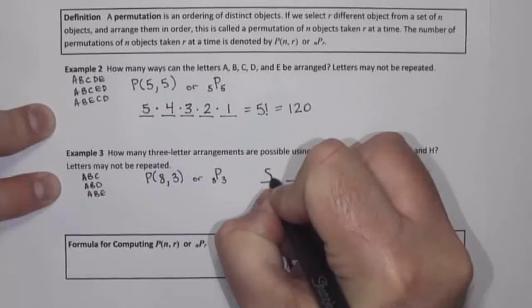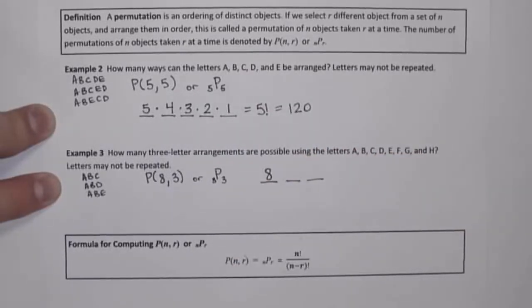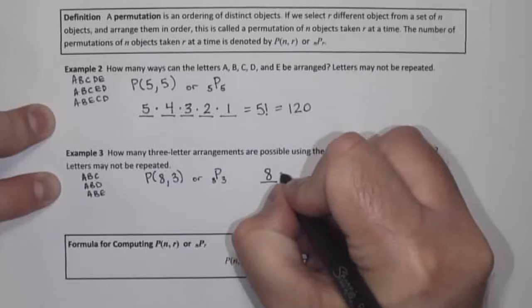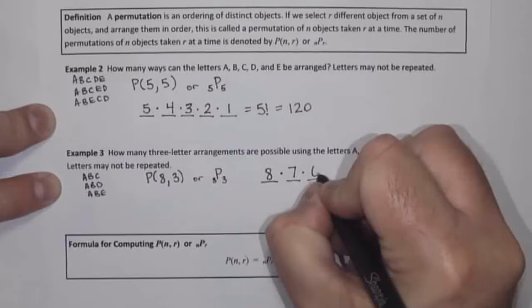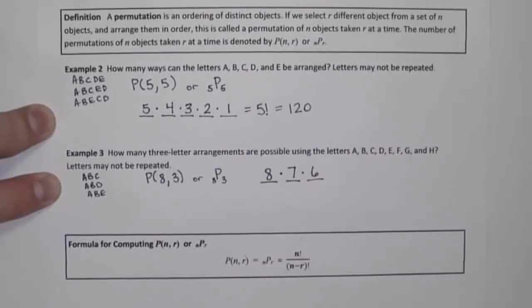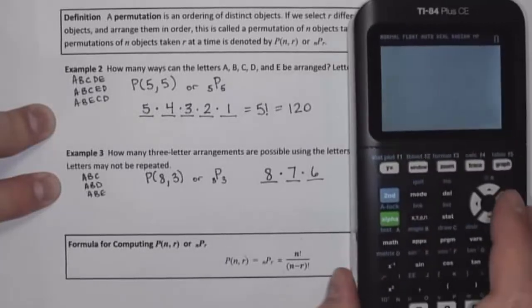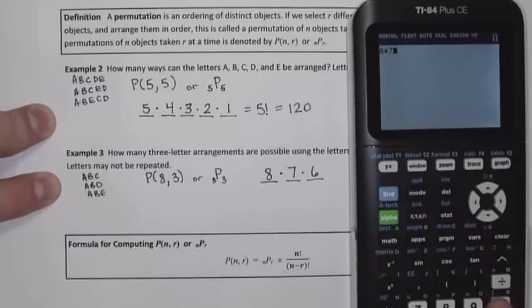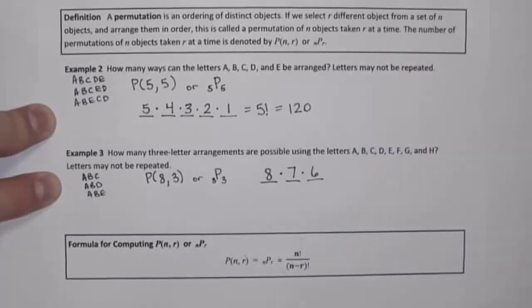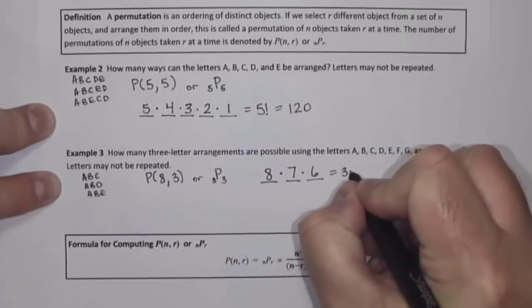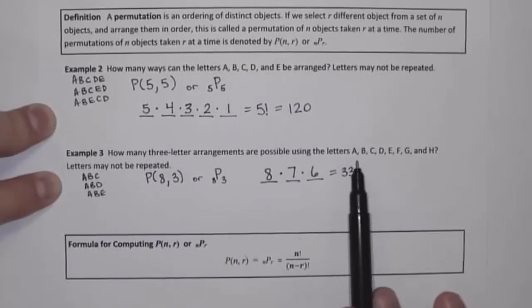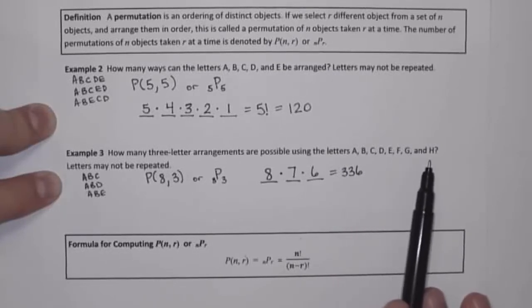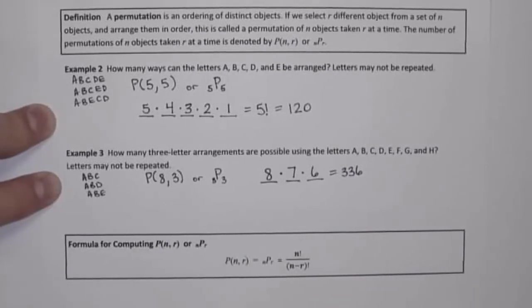So in this first position, we have 8 letters that we're picking from, but then there'll only be 7 letters to pick from for the second letter, and only 6 letters to pick from for the third letter. So the answer is 8 times 7 times 6, that is 336. So there are 336 different ways that we could arrange the letters A through H into 3-letter arrangements.